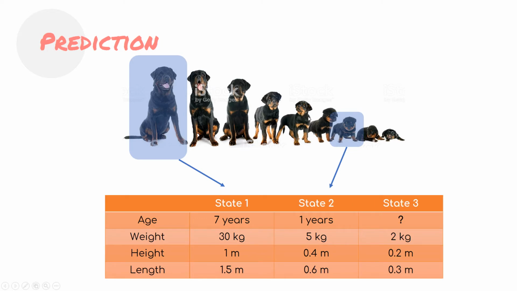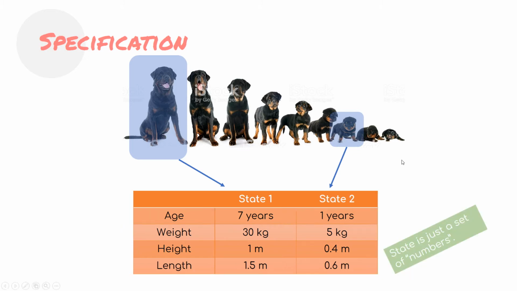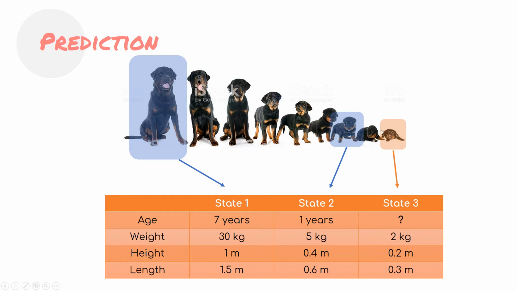Another thing you can do is, once you study your system long enough or with a certain amount of detail, you can start to make predictions. For example, for this state number 3, this dog right here, if I know three pieces of information, can I figure out its age? Can I predict its age? That is a valid question, and it's something we do in thermodynamics to predict system behavior.